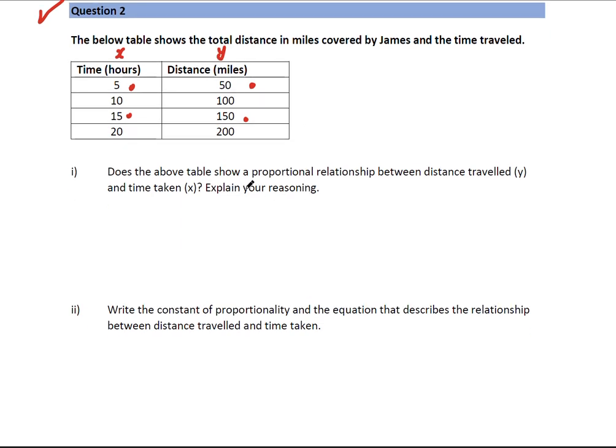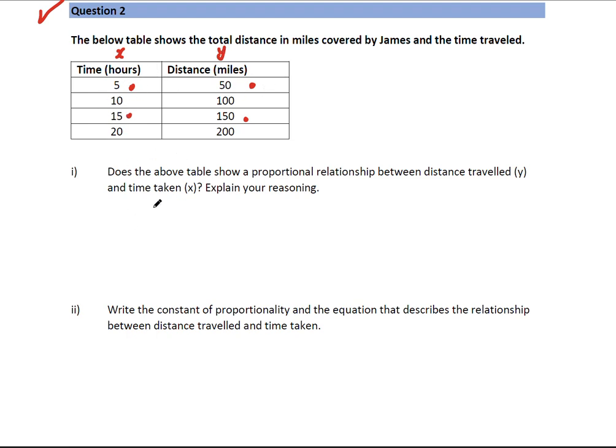We are asked, does the above table show a proportional relationship between distance traveled y and time taken? To simply find out whether there's a proportional relationship, all we need to do is divide each of the y values by the corresponding x value.